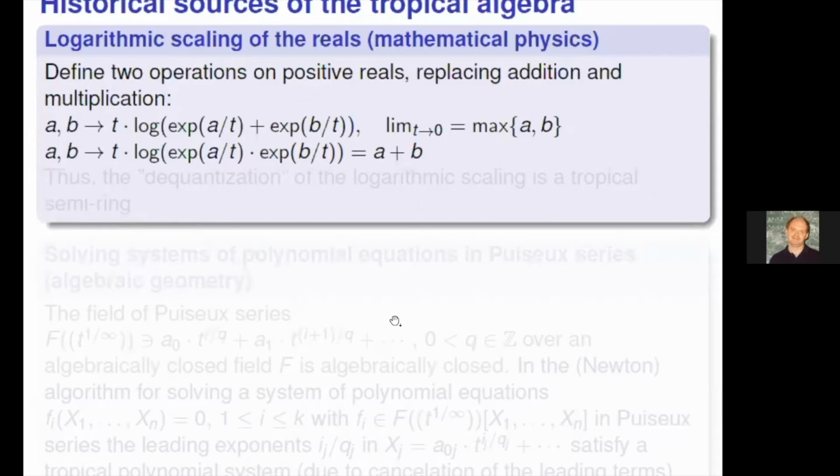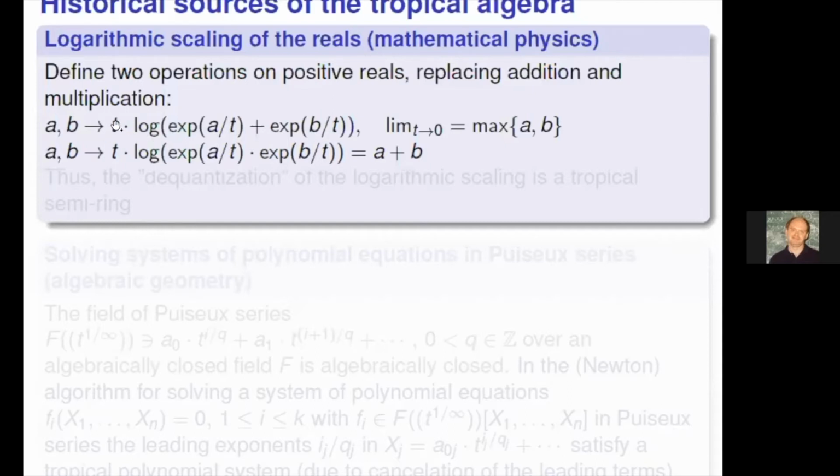People studied partial differential equations, and to simplify the problem, they tried to simplify the arithmetic. They replaced the addition by this operation, where t is a parameter.